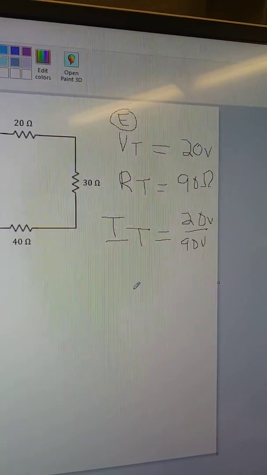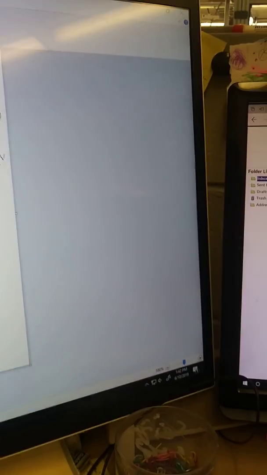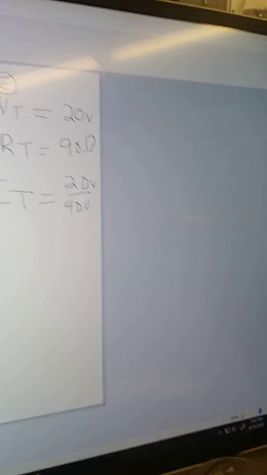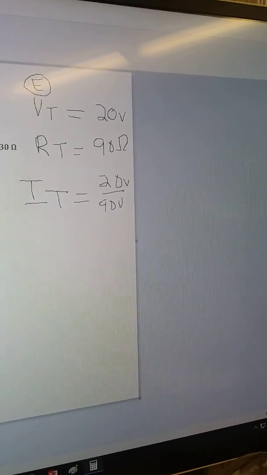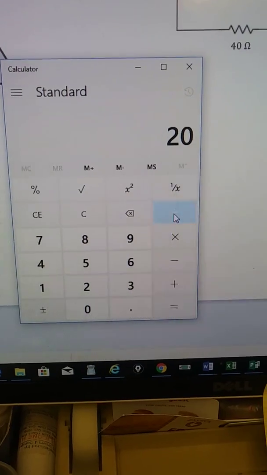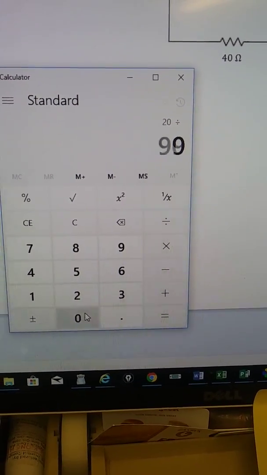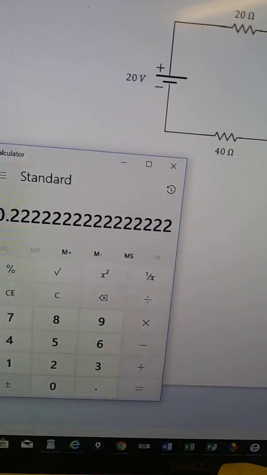I could get a fraction. This I total is going to be 2/9, but if I want to pull up my calculator, I'll do that real quick, and you'll have to just bear with me with the video as I do that. But if I come down here and I say 20, and let you see the calculator, 20 divided by 90 equals, that's going to be equal to 0.222.